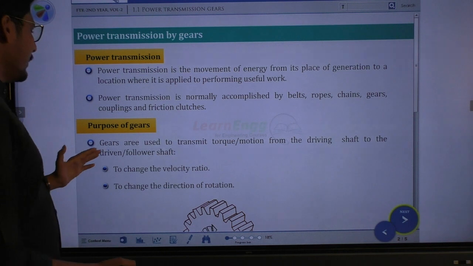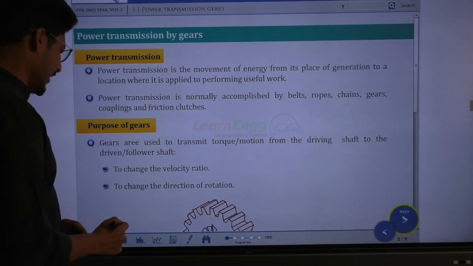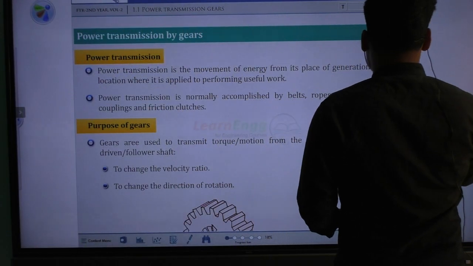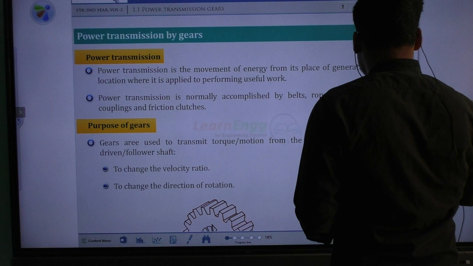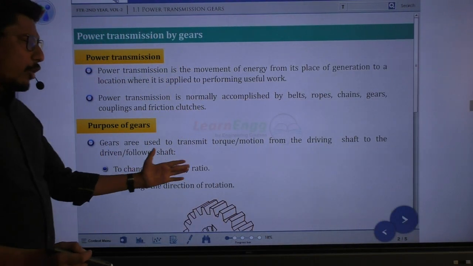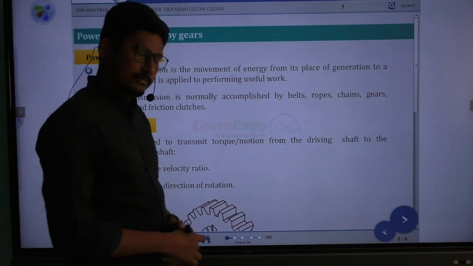So what are the main purposes of a gear? The first purpose is that gears are used to transmit torque and motion from the driving shaft to the driven shaft.